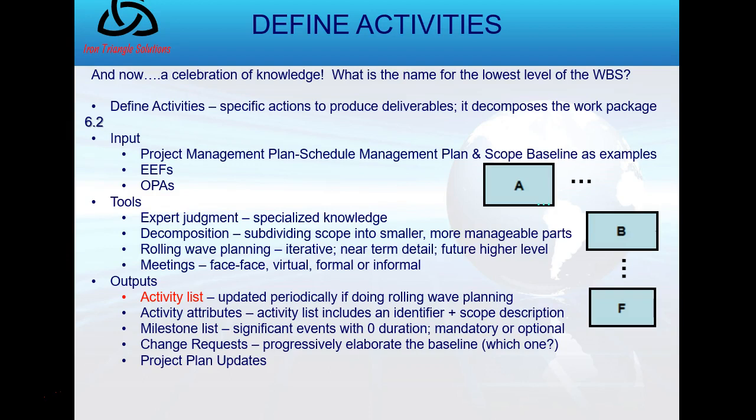And so the scope baseline makes sense coming in as an input. And you also see the schedule management plan just prior to define activities. So that makes sense. So on the test, if it says to you, tell me what are examples of inputs to the project management plan under define activities, I would just look above it on the chart on page 25. And of course, EEFs and OPAs.